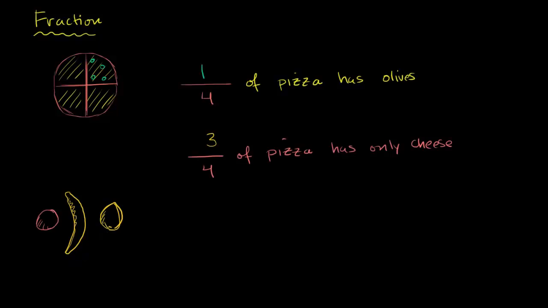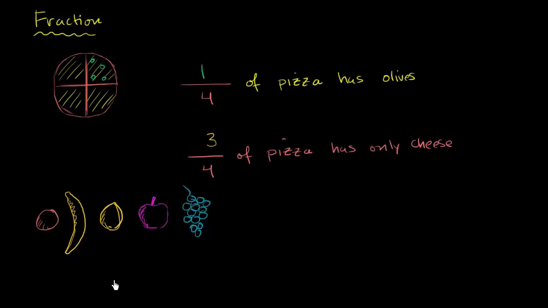And let's say that I have an apple. It's a little bit of a strange color for an apple, but we'll go with it. So that is my apple right over there. And actually, let me draw one more. Let me draw a grape, or grapes. So I have a bunch of grapes right over here.